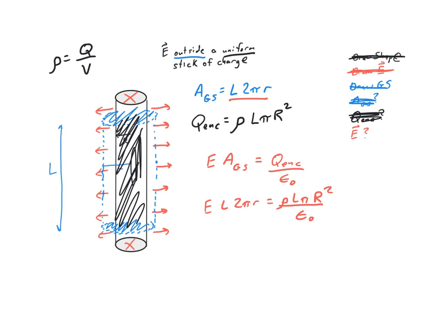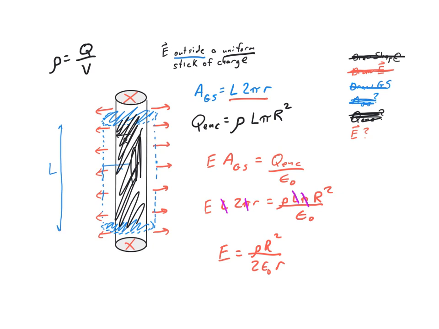A little bit of cancellation: pi's cancel, L's cancel, nothing else cancels. We get the electric field is equal to rho capital R squared divided by 2 epsilon naught lowercase r.